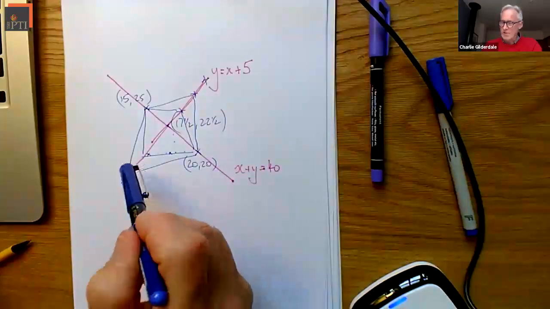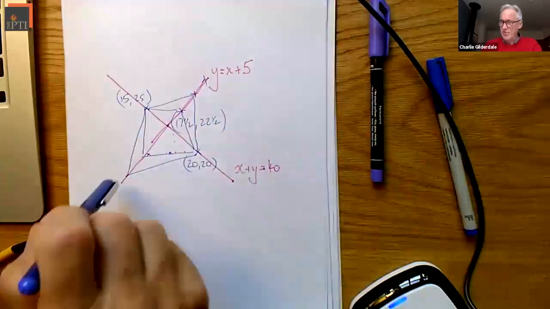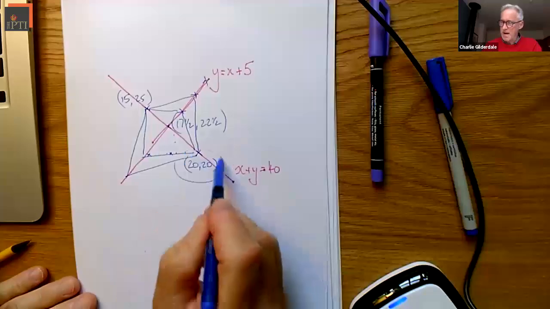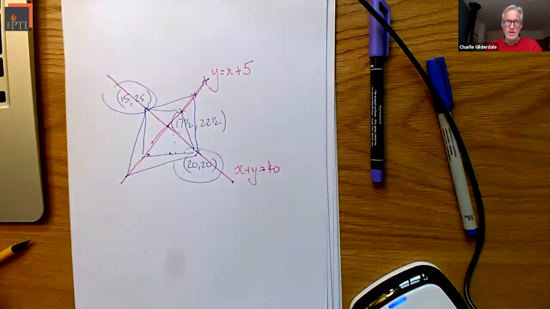So we'll be able to find lots of points along this line which can partner these two coordinates. Andrew suggested 18, 23 works. Yes, y being 5 more than the x coordinate.